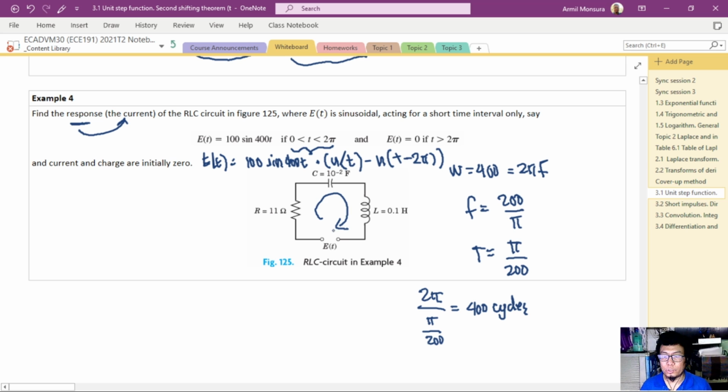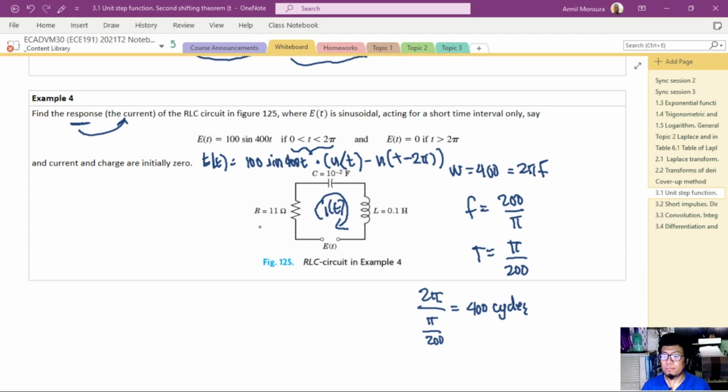As discussed, you may want to transform this circuit, since we're looking for I of t here.